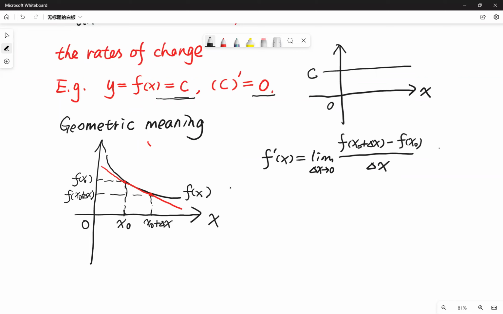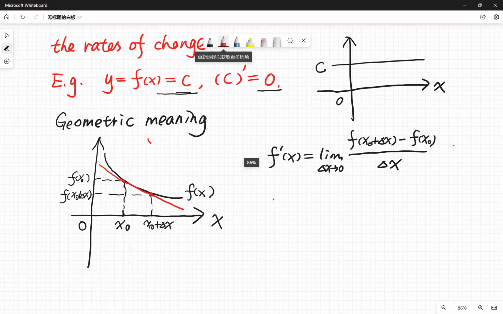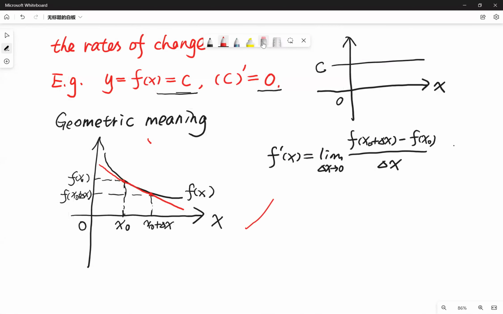Laoshi, can you repeat this step? Why f of x0 plus delta x and not f(x)? It's the same. If you replace this one as x, then delta x is x minus x0, right?